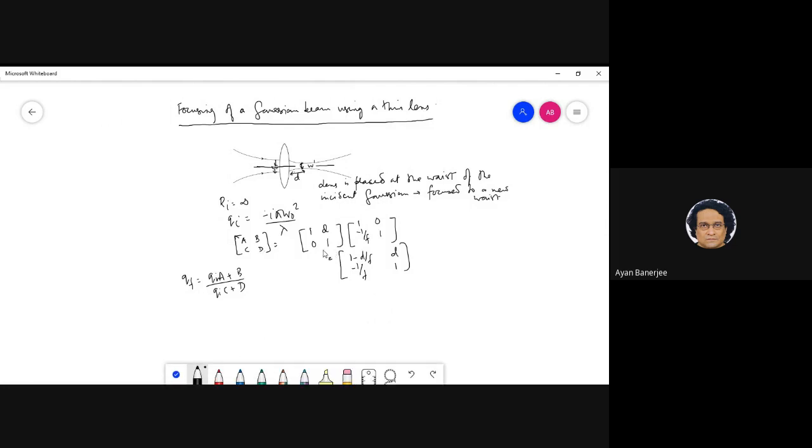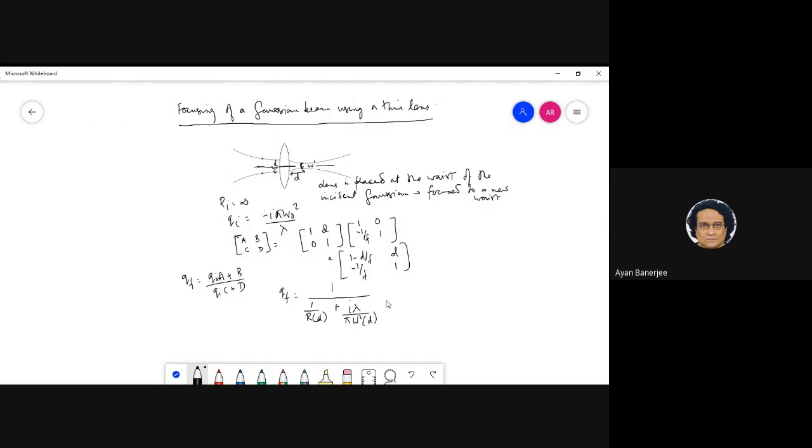Just putting this, what we shall have is, now I want you to find this out. We also know that Qf is given by the formula 1 by R of d plus i lambda by pi w squared of d, which is actually w dashed.